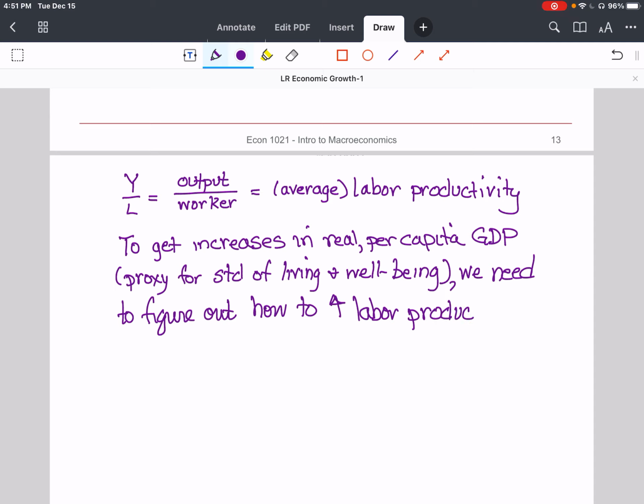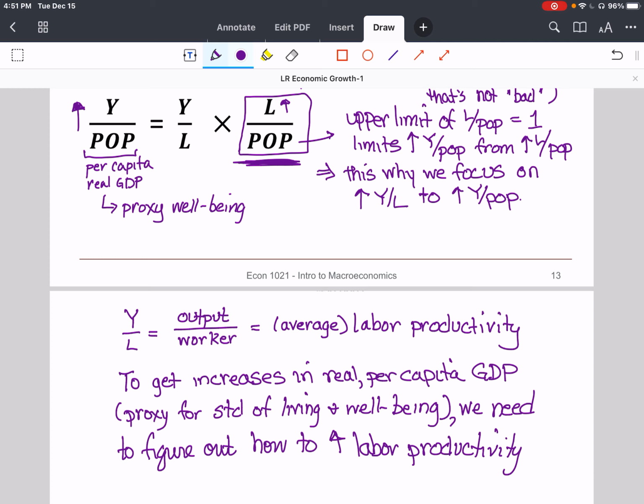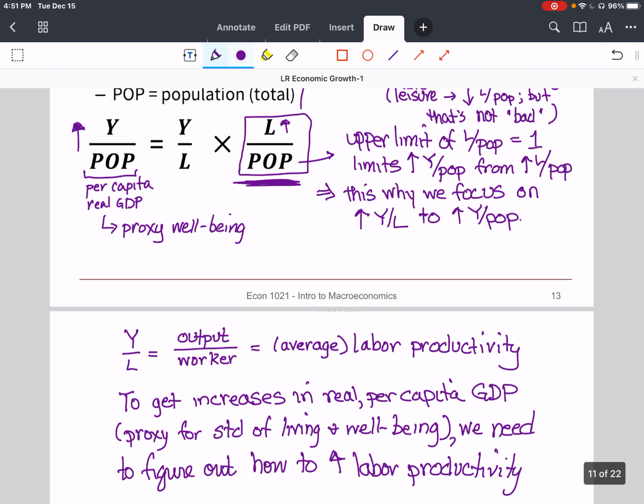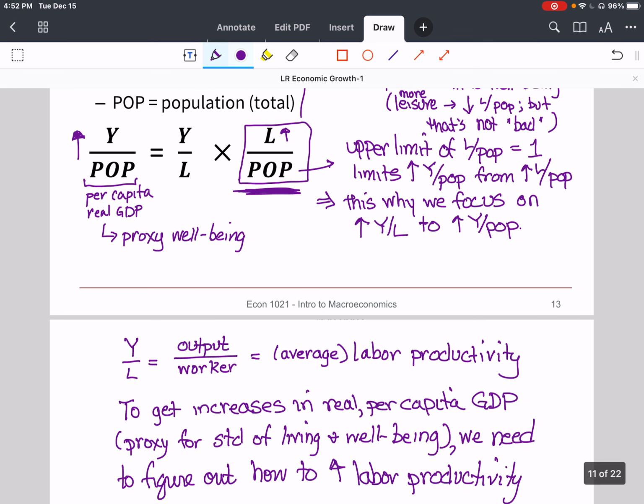And it is important for you to get that because it sometimes sounds, if you just listen to rhetoric without processing what's happening, like this is some kind of capitalistic, in the most pejoratively negative way, mission to keep workers under their thumb and to just drive people into the ground. So sometimes there probably are people who are thinking about the world that way, but when we think about it through this lens, the only way that we can see sustained increases in our standard of living is if we have sustained increases in output per worker.